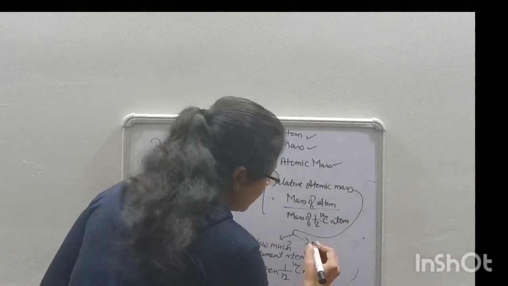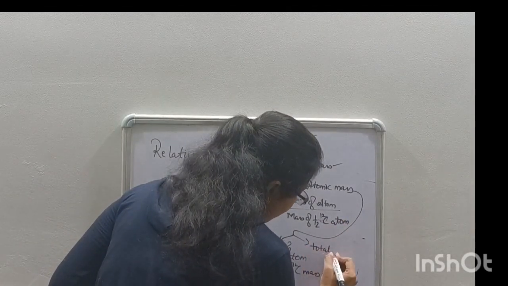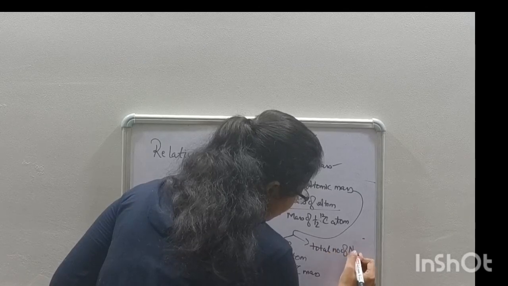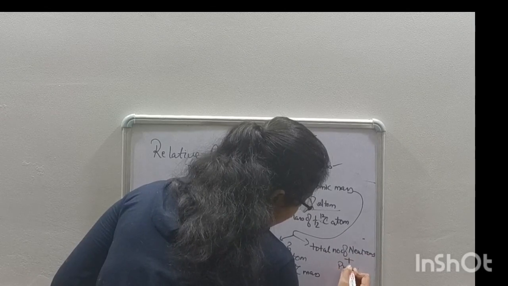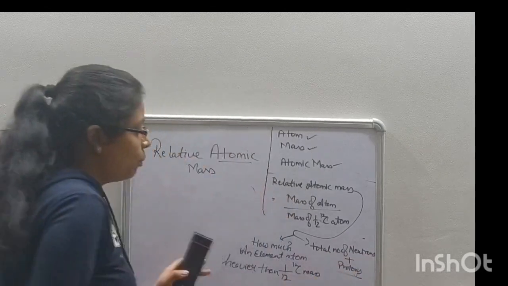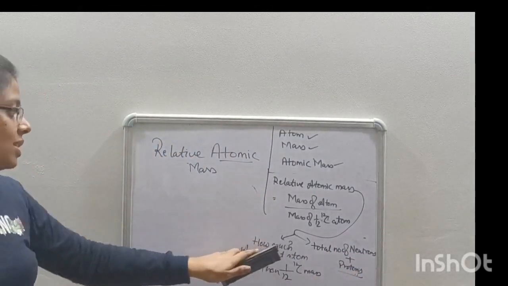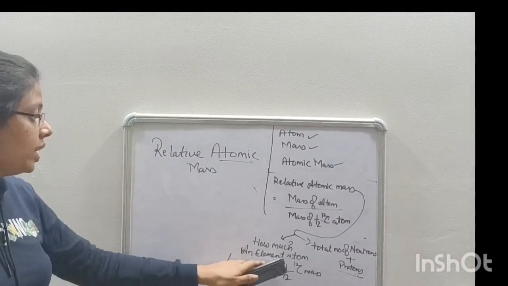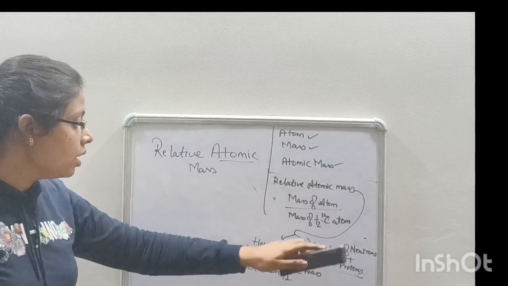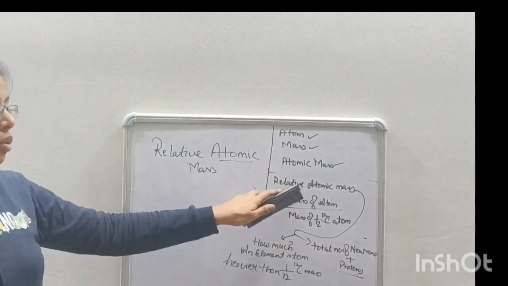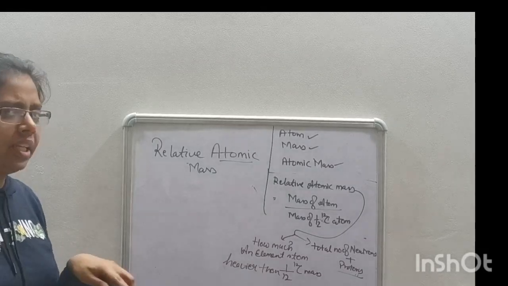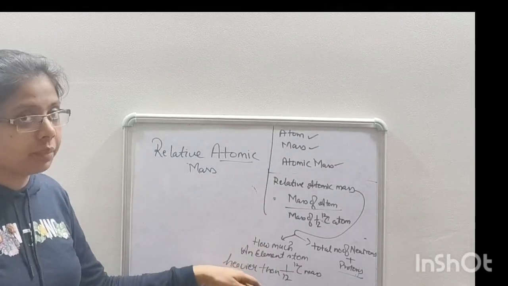And second, it will tell us the total number of neutrons plus protons. These are the two things by which we get to know how much heavier an element is than 1/12 of the C12 mass, or the total number of neutrons plus protons. These are the two things that we get to know from relative atomic mass. So I think you should know how important a term it is.